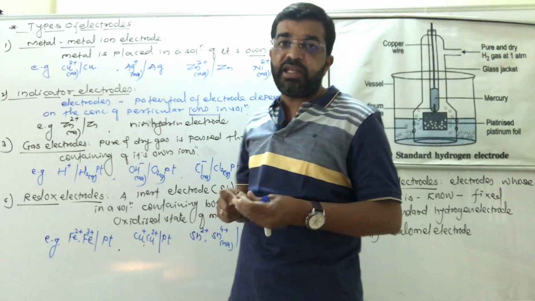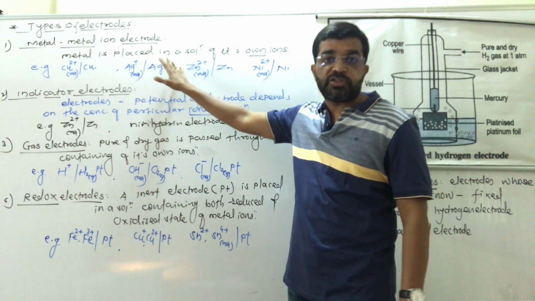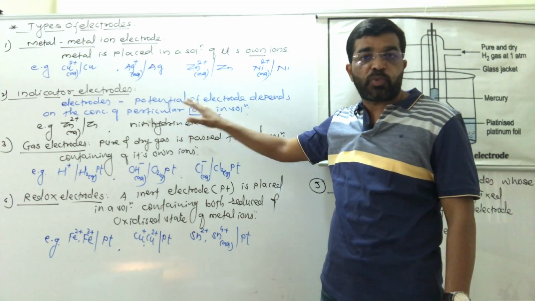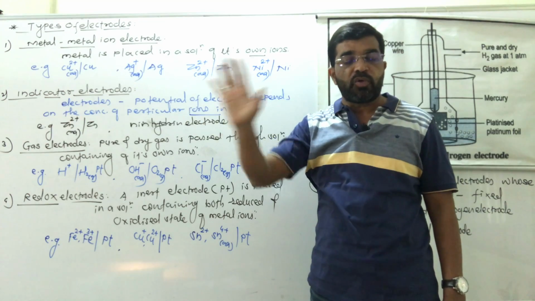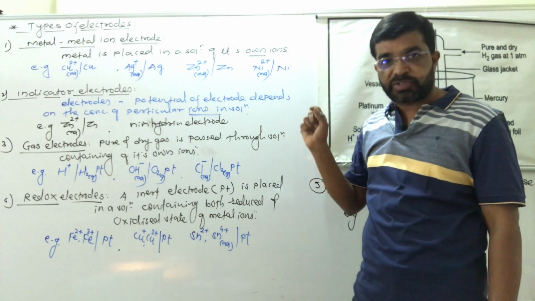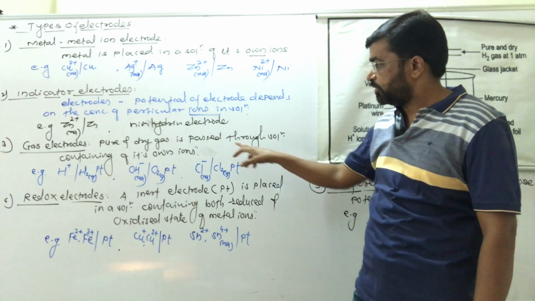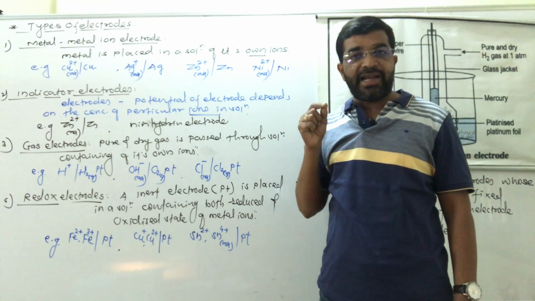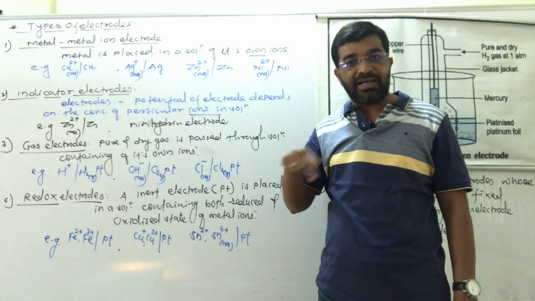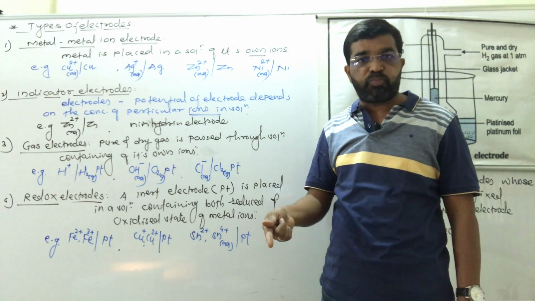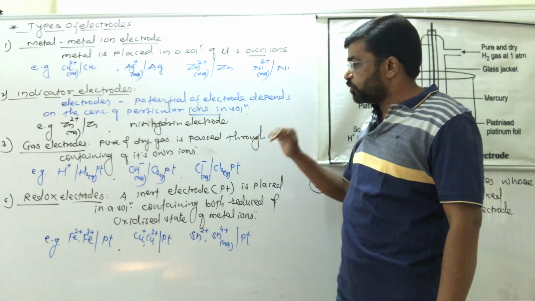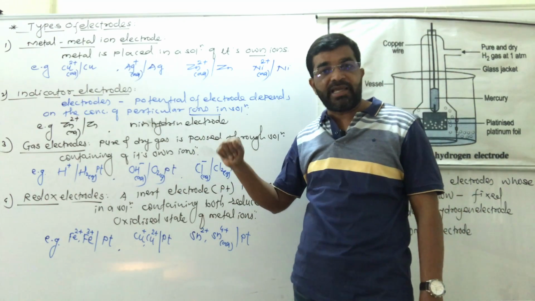So these are the various types of electrodes. Metal ion electrodes are indicator electrodes whose potential depends upon the concentration of particular ions present in the electrolyte. Gas electrodes are electrodes in which a pure and dry gas is bubbled around a platinized platinum foil in a solution containing its own ion.